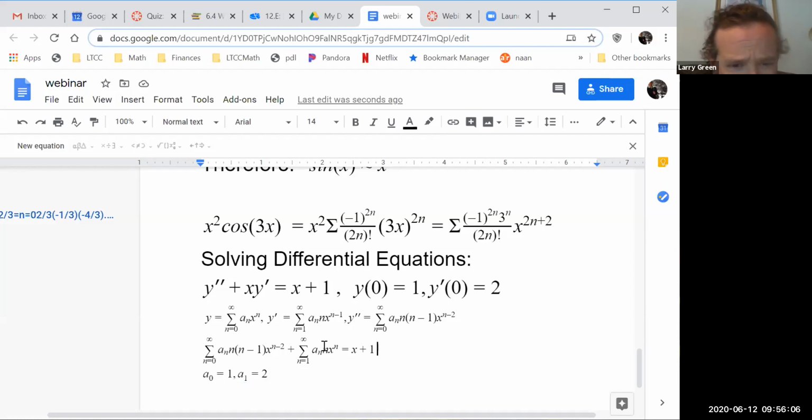Okay, but now we can look at these and say, we have these two sums equals this. I can take that and expand it a bit. So now let's expand it. And again, we know a0, we know a1, and that's important.